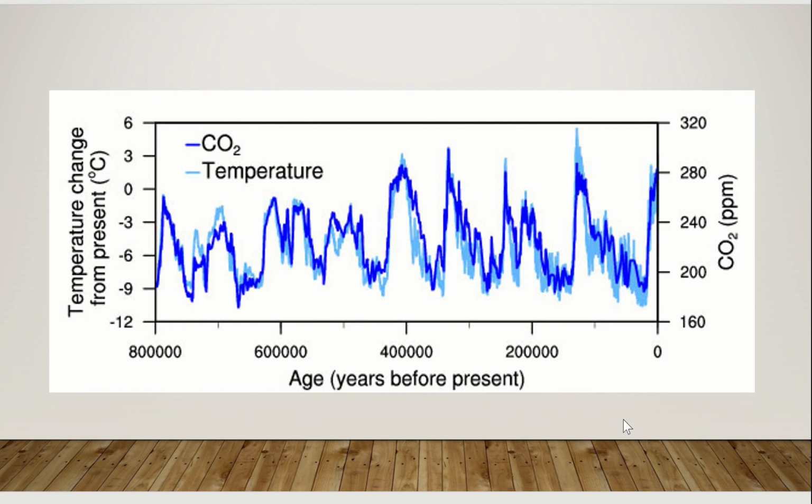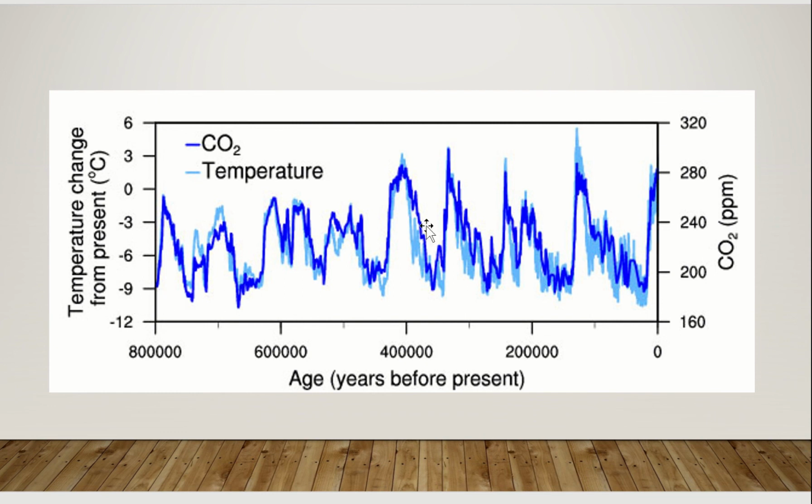So what this graph is showing you: the dark blue line is the carbon dioxide emissions, so how much carbon dioxide there is in the air. And the light blue shows us the temperature change from present, so how much the temperature is changing.